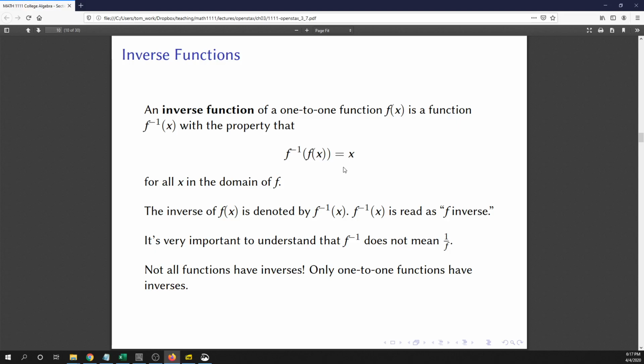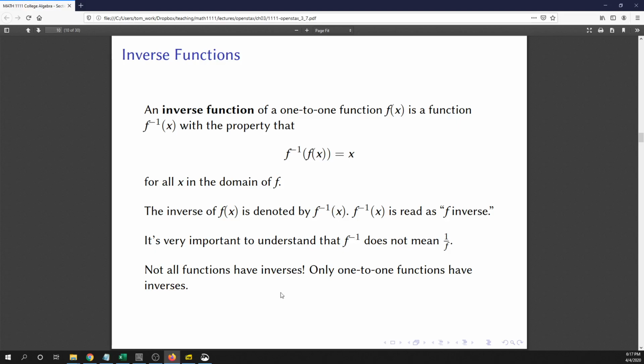Just a couple of things before we get to that example. Number one, this symbol is read as f inverse. It is kind of a bad choice of notation, because it's very easy to confuse with -1 as an exponent.